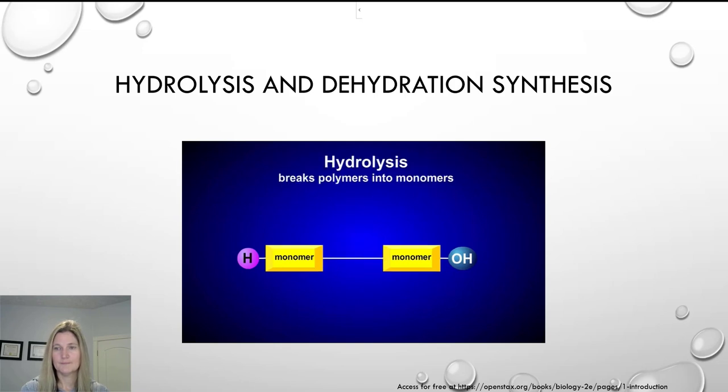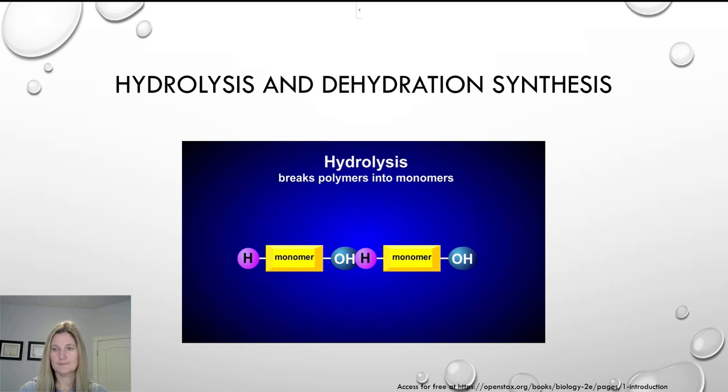Hydrolysis is the opposite of a dehydration synthesis reaction. During a hydrolysis reaction, a polymer is reduced to its monomer subunits by the addition of water. In fact, the word hydrolysis literally means to break water. The hydroxyl group from a water molecule attaches to one monomer, and the remaining hydrogen attaches to the other monomer.